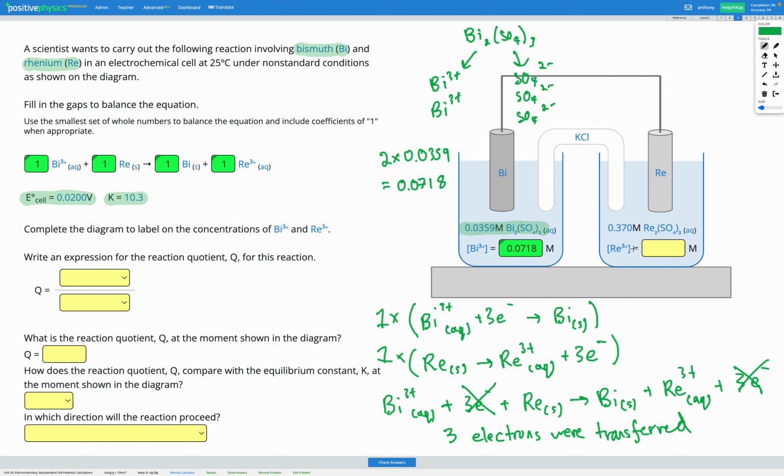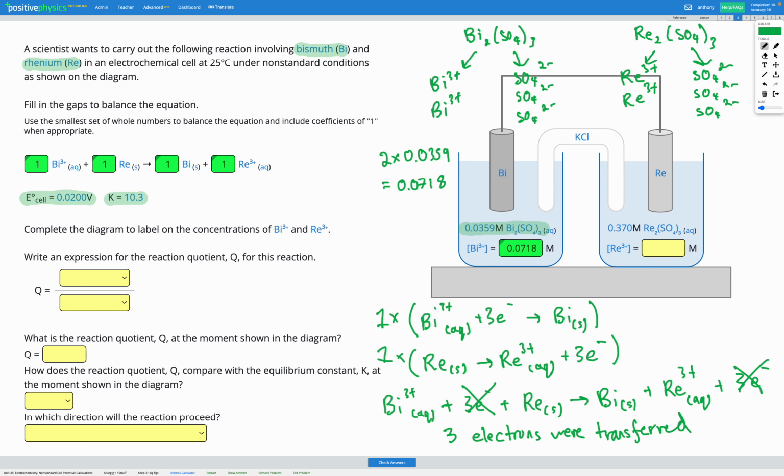What about for rhenium 3+? So again, we have Re2(SO4)3. So again, when that splits up into its ions, we're going to get 2 Re3+ ions, and we're going to get 3 SO4 2- ions.